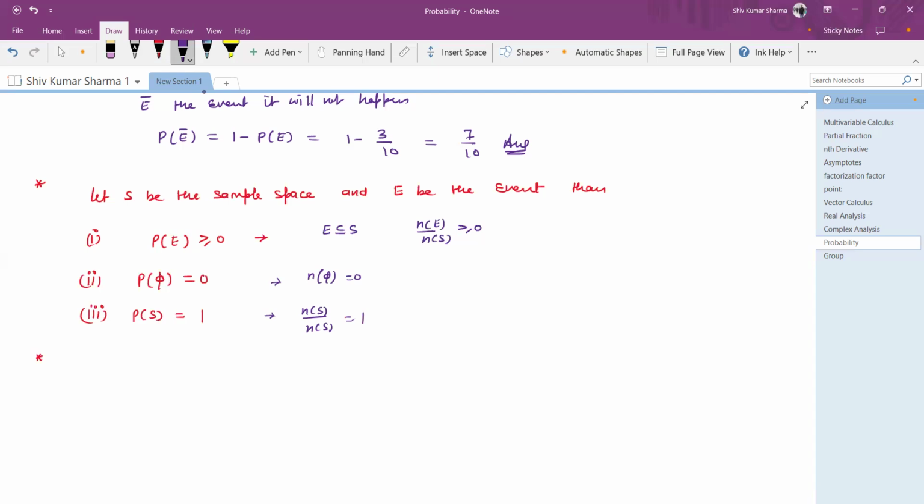So you can remember how to write these things. Next, we have the theorem related to events. Let E1 and E2 be mutually exclusive events.